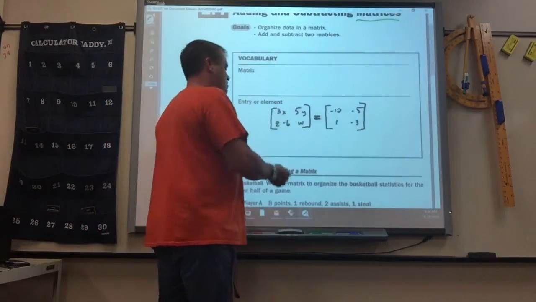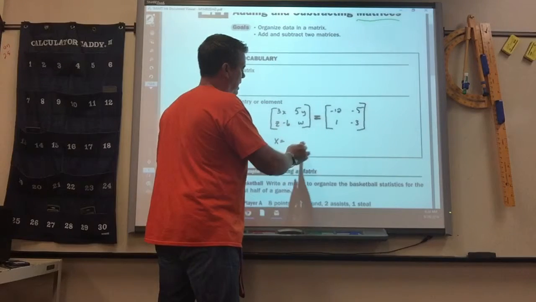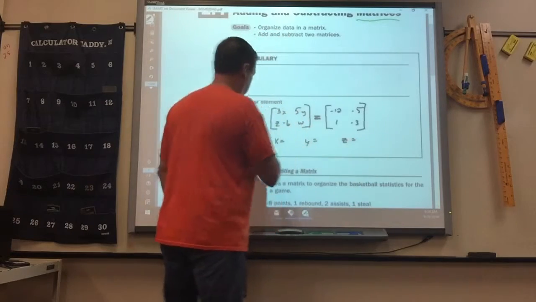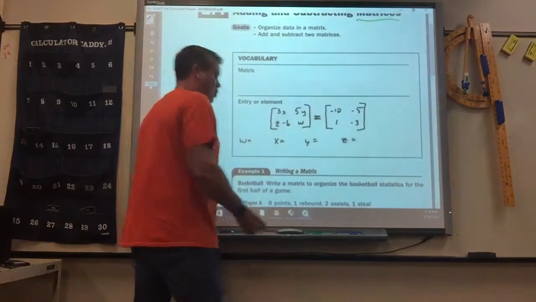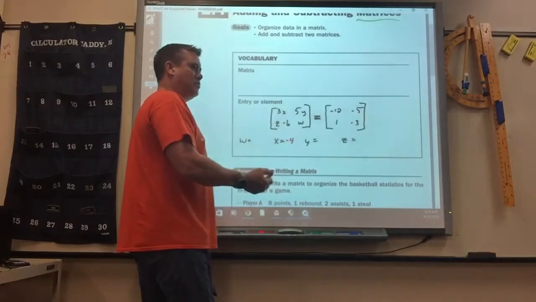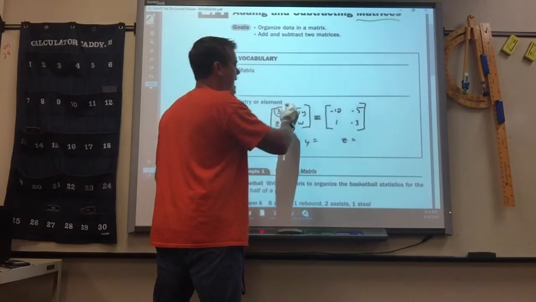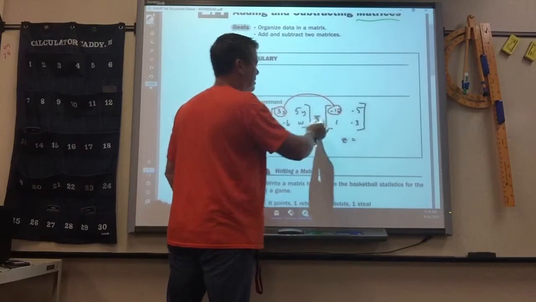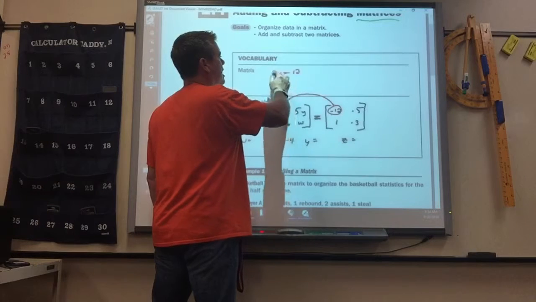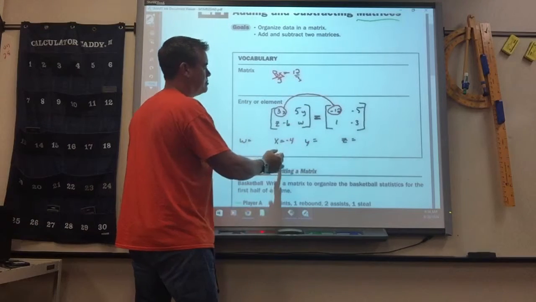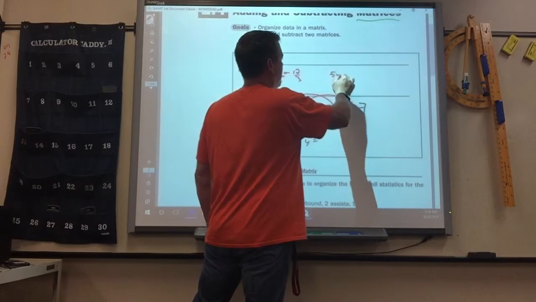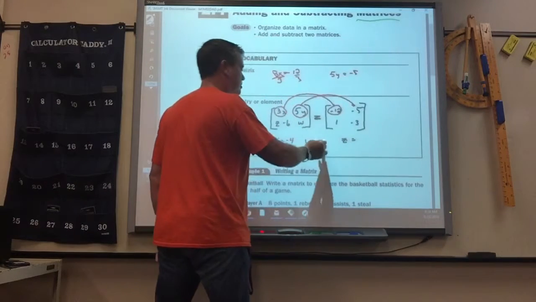So what you've got to do is figure out what X equals, and Y, Z, and W. X is negative 4. The reason why is this has to equal that because they're equal. 3x has to equal negative 12, so you just divide by 3 and you get negative 4. 5y has to equal negative 5, so y is negative 1.